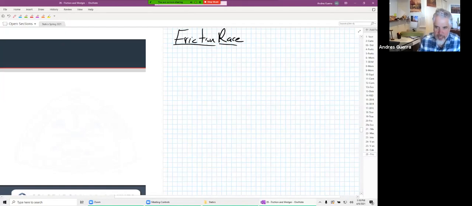So our friction race, we had these masses that were on this incline, and I'll just draw this as a block right there. And I'll draw the block where it looks like it's kind of floating here, just so we know that it is a contact surface, a sliding contact surface right there.